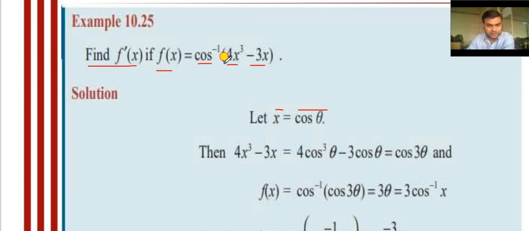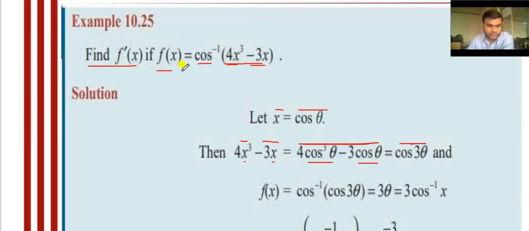We take the term which is given in the bracket: 4x cube minus 3x. In place of x we write cos theta. Here the power is 3, so it is 4 cos cube theta minus 3 cos theta. This is the formula of cos 3 theta.